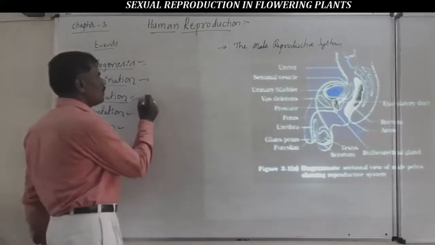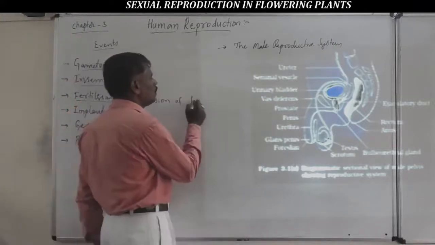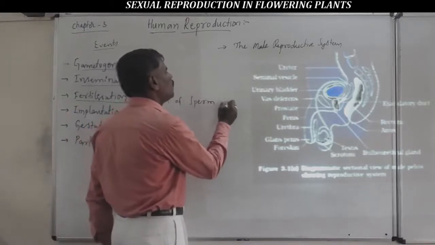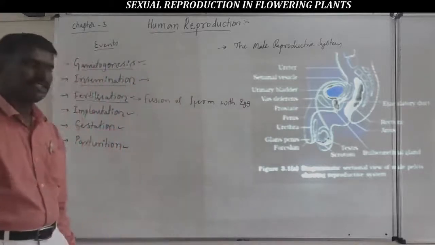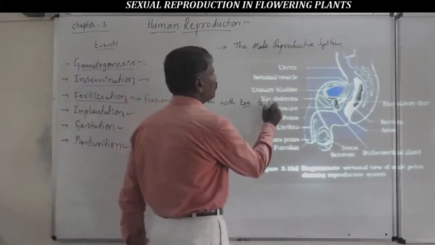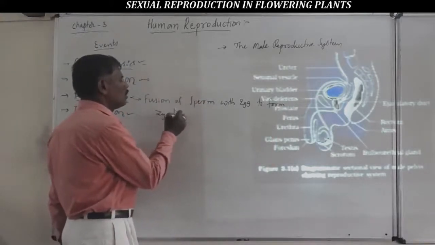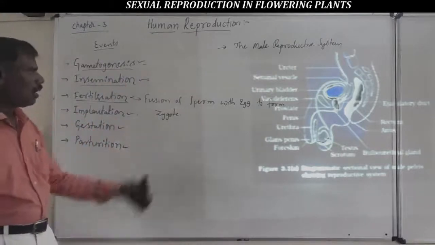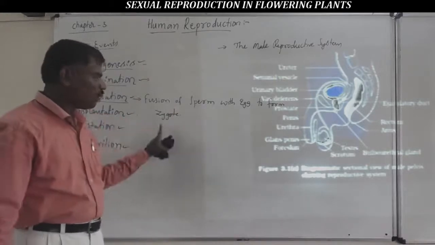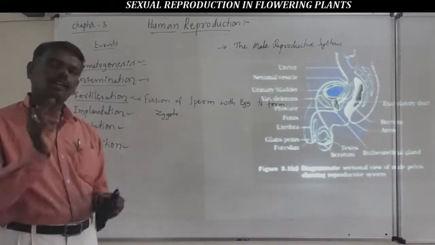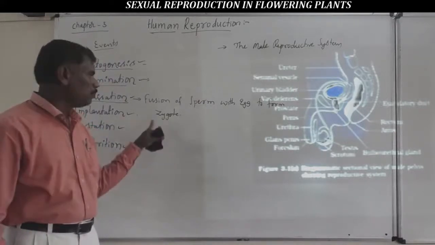Fertilization is nothing but the fusion of sperm with egg to form zygote, or the fusion of haploid sperm with haploid egg to form diploid zygote, or the fusion of haploid male gamete with haploid female gamete to form diploid zygote.